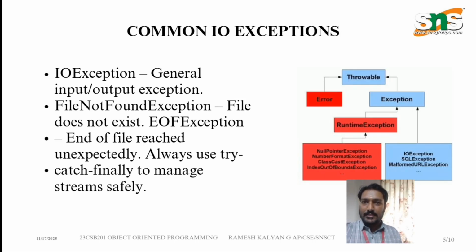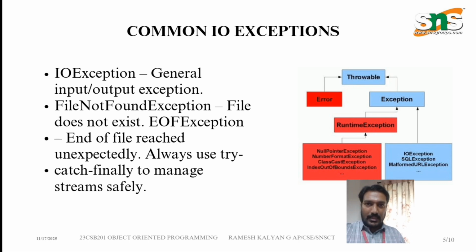Common exceptions are mainly the IO exceptions. The first one is the general input or output exception. The second one is FileNotFoundException. This happens when the particular file we are searching for is not available. The next one is EOFException, the end of file reached exception.